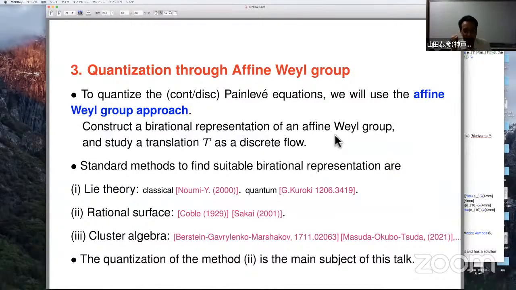And there are 3 standard methods known so far. The first one is based on the Lie theory, or Kac-Moody theory, which is defined on some nilpotent orbit of the Kac-Moody Lie algebra. And its nice quantization is also known by Kuroki nearly 10 years ago.